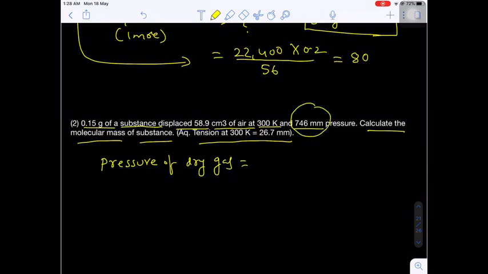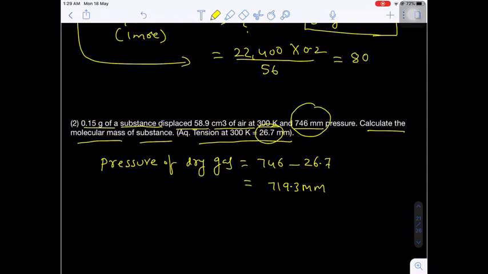What is the total pressure given to you? 746 minus the aqueous tension here, 26.7. Remember, aqueous tension must be mentioned in the question because it is experimental data. Now the dry gas pressure becomes 719.3 mm.